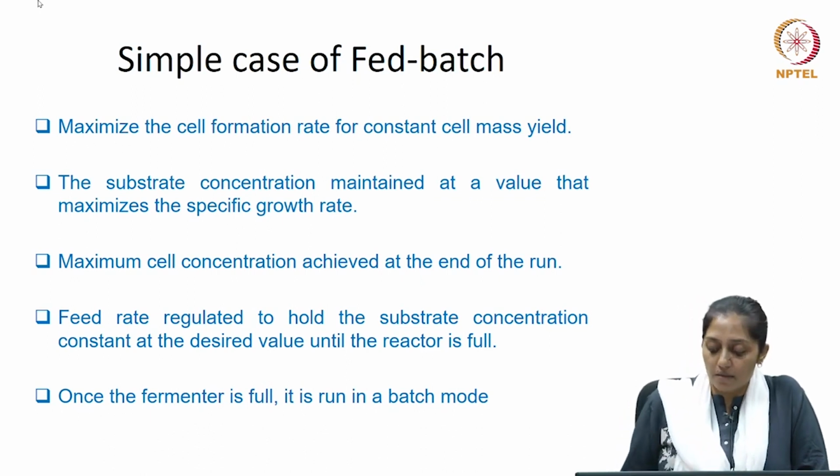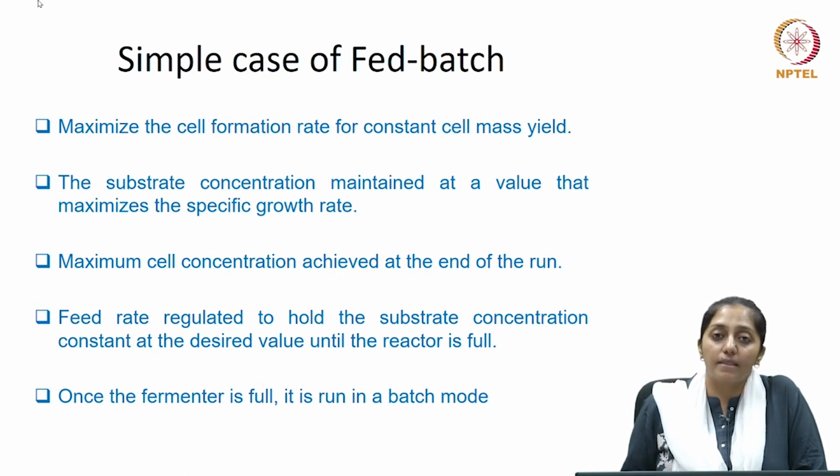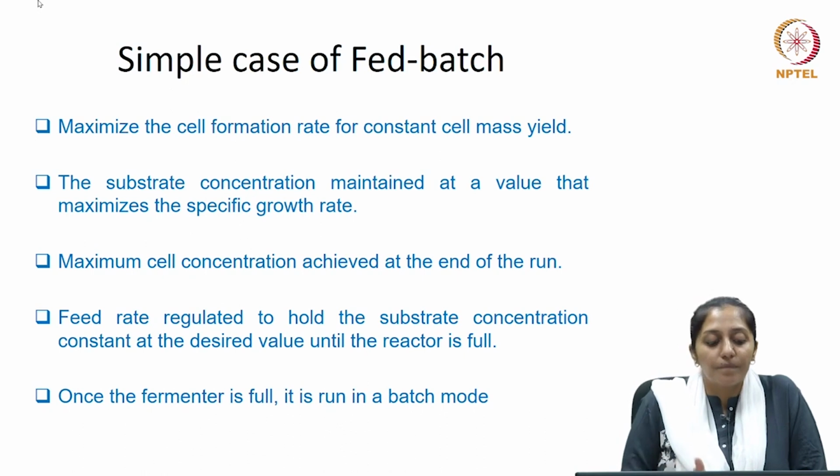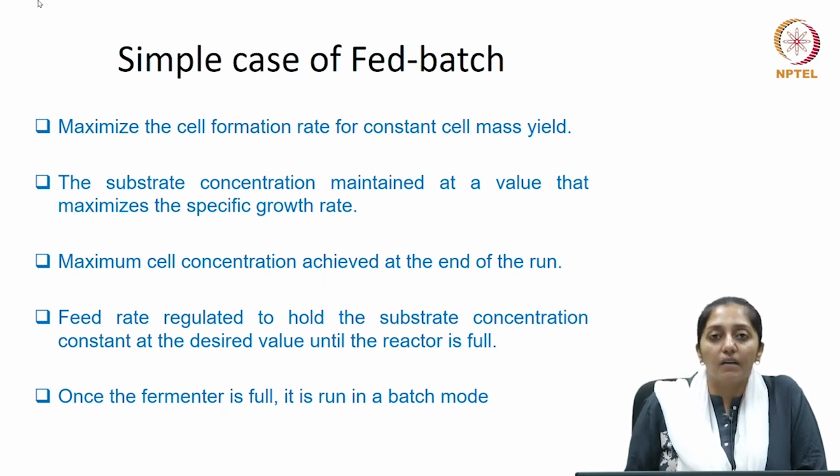Constant cell mass yield is your Y x by S. Maximizing cell mass concentration is your X. The substrate concentration is maintained at a value that maximizes the specific growth rate, which means the substrate concentration is kept at a value where the specific growth rate is maximum. The maximum cell concentration can then be achieved at the end of the run.